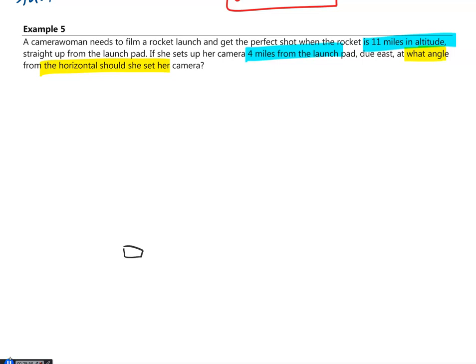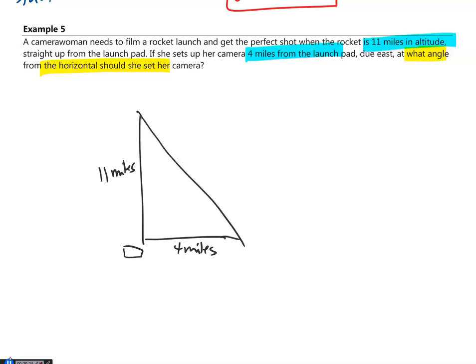So let's say this is the launch pad and it's 11 miles in altitude. So this is 11 miles. And if she sets up her camera 4 miles from the launch pad, so we can say that this is 4 miles, then we can have this as the hypotenuse.